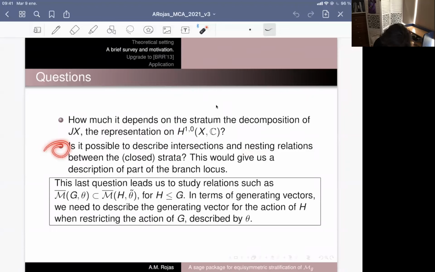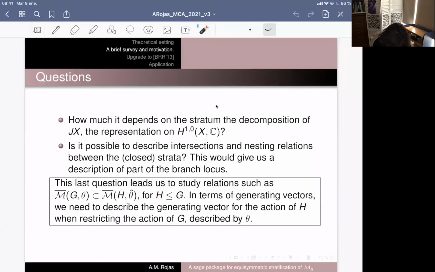This last question, which is the last application I'm going to show you, leads us to study relations between the strata when we have a restriction of the action. So if we have the action of a group G, of course, every subgroup acts there, but you have to understand the topological type of this action.